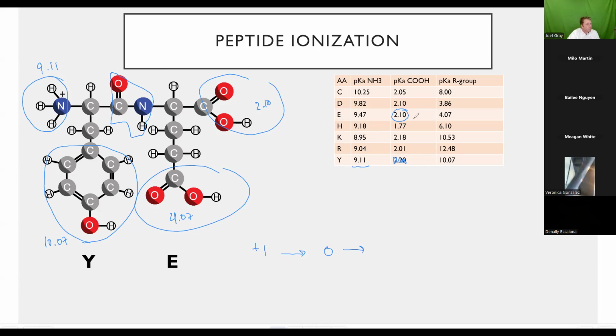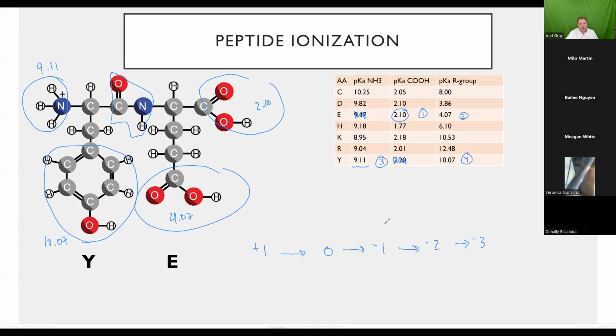So I'm going to rank my groups in terms of how they're deprotonated. 1, 2, 3, 4. I scribbled out those groups that are involved in my peptide bond because they are no longer relevant to me. So I've got 4 groups. If I want to draw my number line, this molecule can have a charge of +1 to 0 to -1 to -2 to -3.